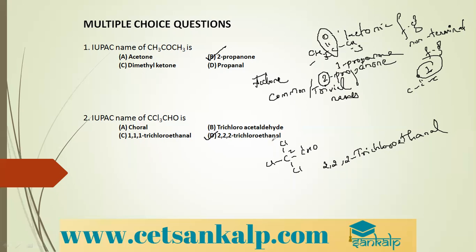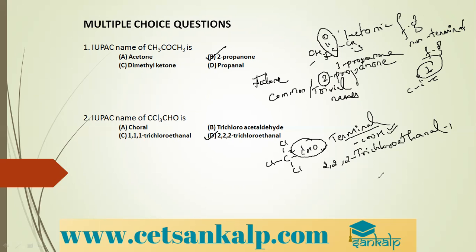That is not 1, 1, because the functional group gets the locant 1, and you need not mention the locant of the functional group, because CHO is a terminal functional group. Not only CHO but also COOH, the aldehydic functional group as well as the carboxylic functional group, are called terminal functional groups. Their position is always at the terminal position.